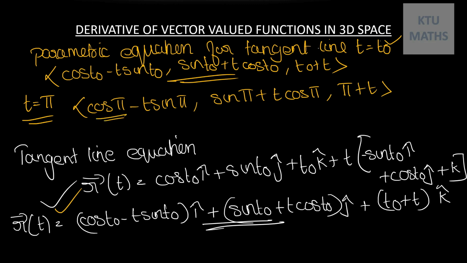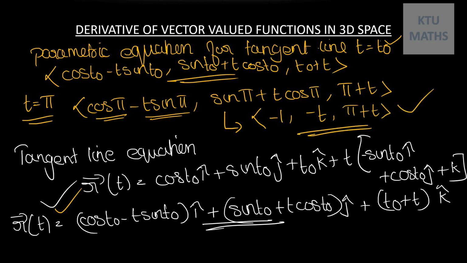Cos pi is minus 1, and this term would be 0 because sin pi is 0. After simplification we get (minus 1, minus t, pi plus t), and this is the final parametric equation of the tangent line at t equal to pi.